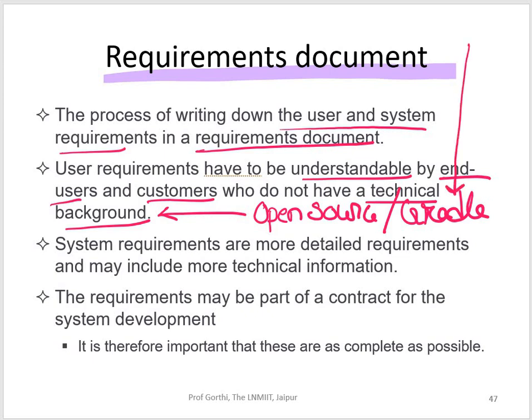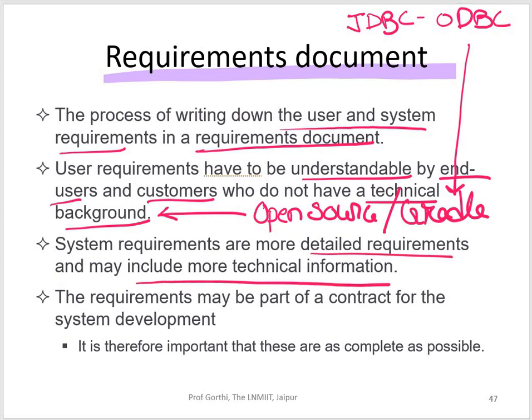See, to a non-technical person, if I'm talking about open source, that does not make any sense for him. If I'm talking about Gradle for an Android application, it does not make any sense for him. If I'm talking about JDBC, ODBC, it does not make any sense for him. So my document should be understandable to a non-techie person as well.